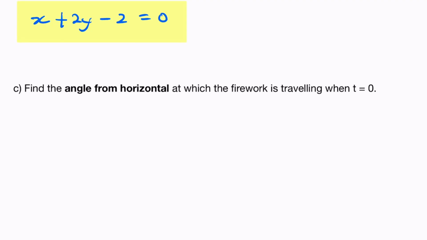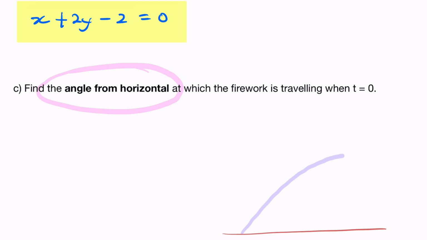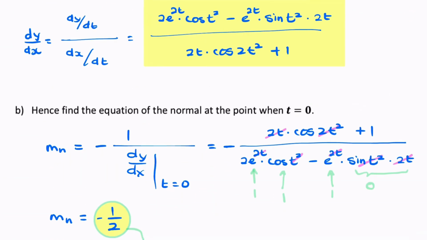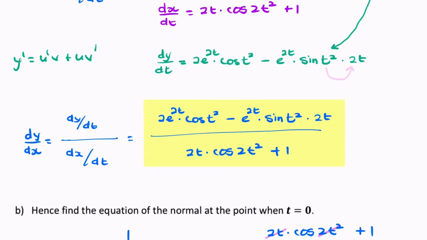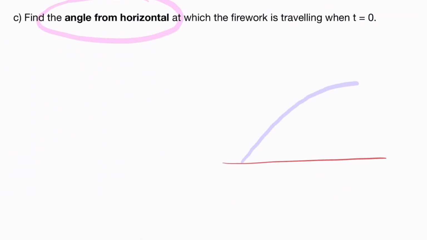The question goes on to say, find the angle from the horizontal at which the firework is traveling. So at the moment when the firework is launched, it's following some path, and we know the equation for the path, but they're asking for the angle with the horizontal.